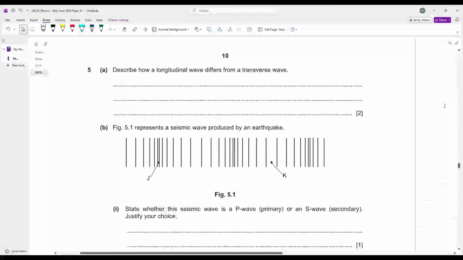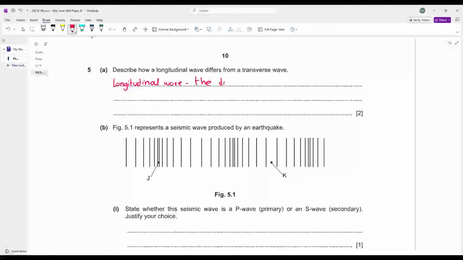Describe how a longitudinal wave differs from a transverse wave. Very, very easy. First of all, longitudinal wave के बारे में लिख देते हैं. Longitudinal wave में क्या होता है बेटा?